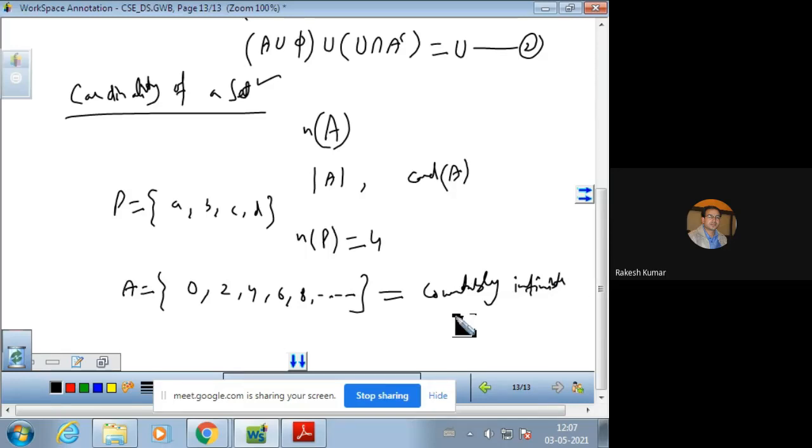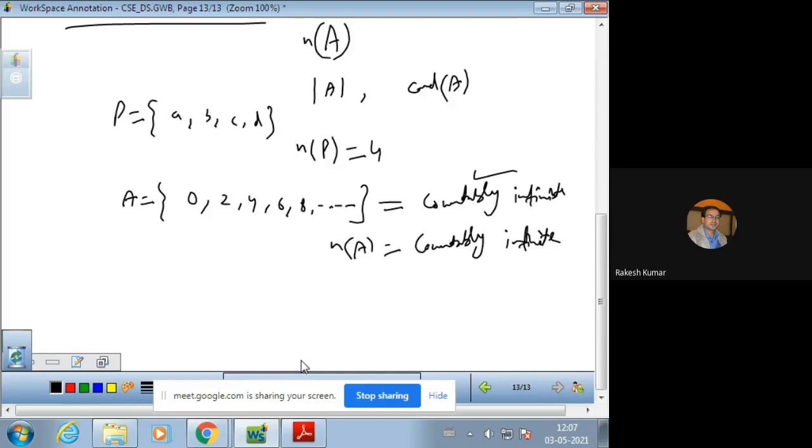So if a set is a countably infinite set, then the cardinality of A is also countably infinite. So we can say that the cardinality of the set A is also countably infinite. So this is the way by which we can find out the cardinality.